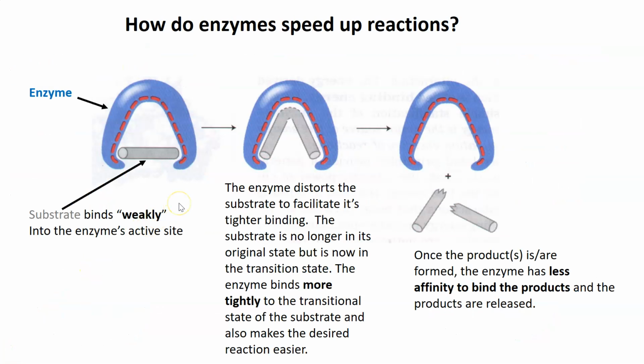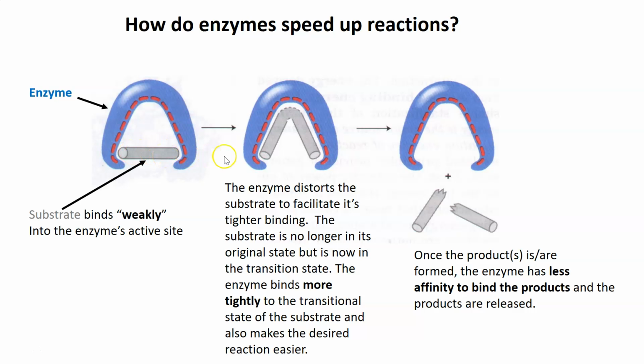Hopefully this diagram illustrates what I was talking about a bit better. So here's the active site of the enzyme, here's the bond, if you like, represented as a straight line. Now the bond is held in the active site, as I was talking about before, a bit tentatively, so it binds weakly.